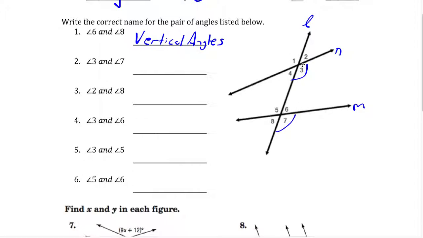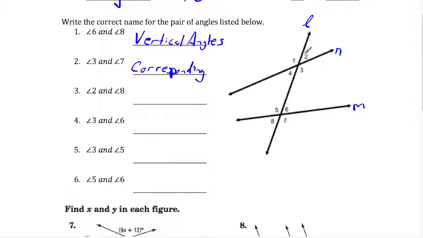Right? Notice that 3 is in the bottom right, 7 is in the bottom right. So when they're in the same position, we call those corresponding angles. So those are corresponding angles because they correspond to the same location.